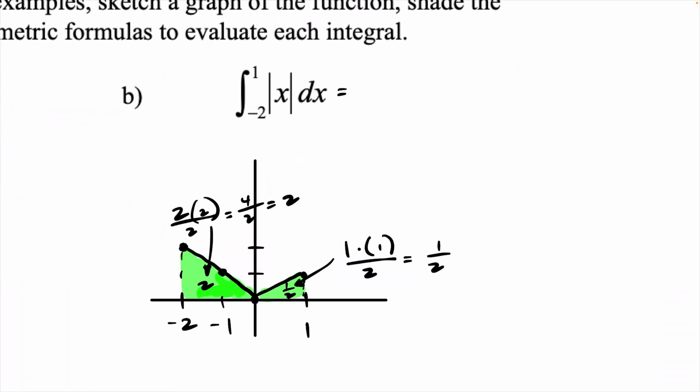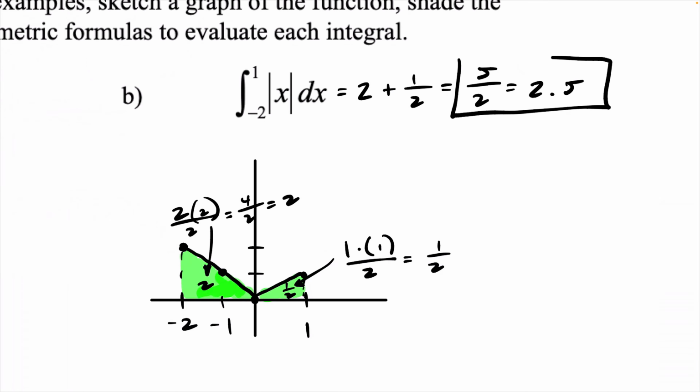So the area of one triangle is 2 units, and the area of the other triangle is 1/2. So 2.5, 3 over 2, or no, wait, would it be 5 over 2? Either of those is okay.